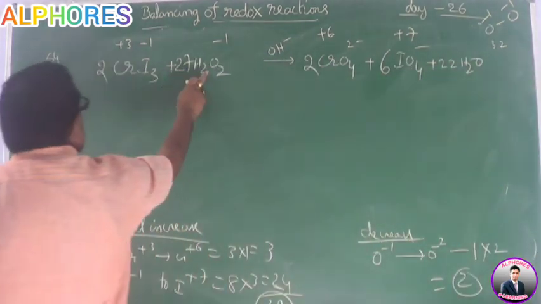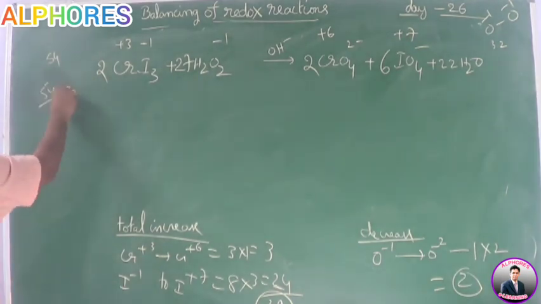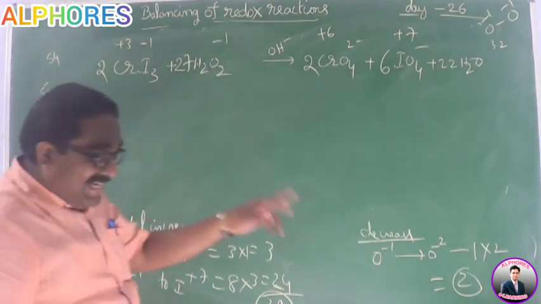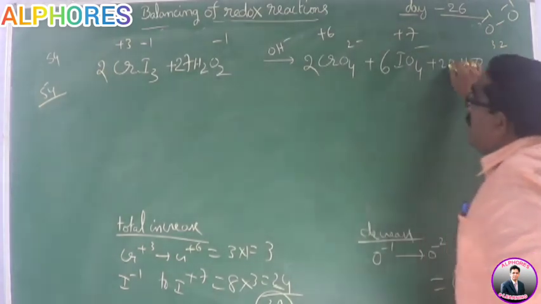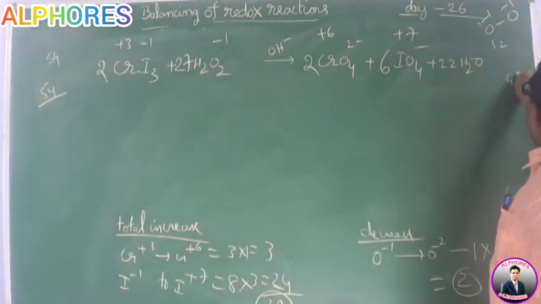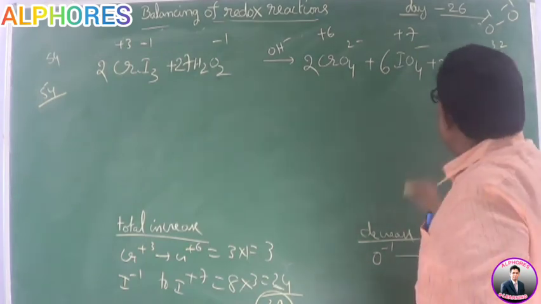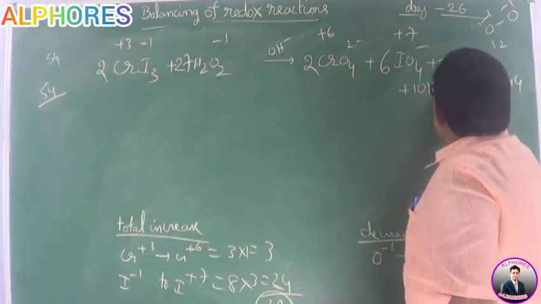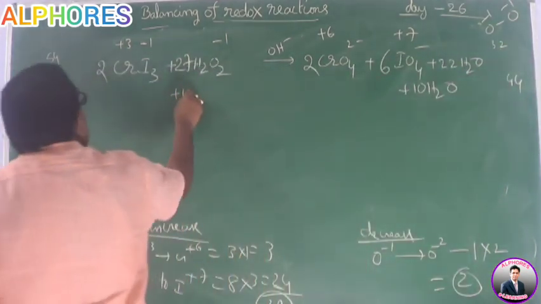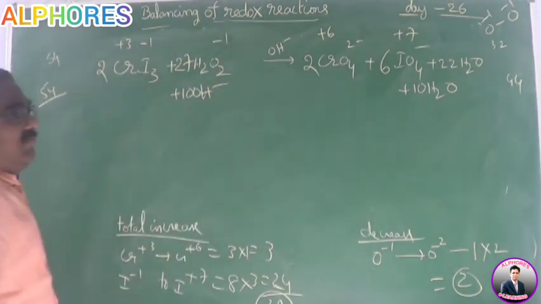Now let me do the balance of hydrogens. Here 27 twos, hydrogens also 54. That side, 22 twos, 44. 54 versus 44, 10 less, so you have to write 10 H2O, and immediately on the opposite side 10 OH minus.